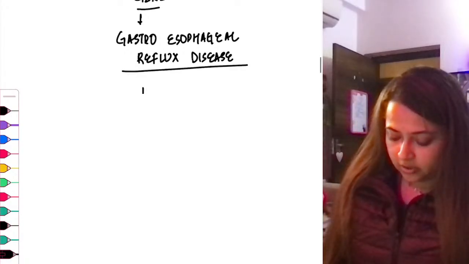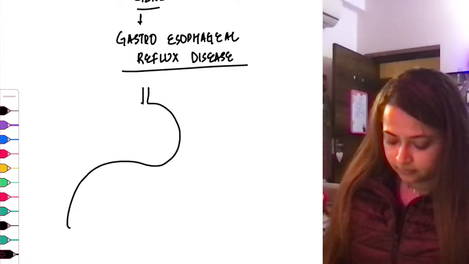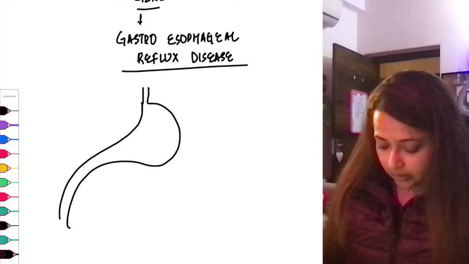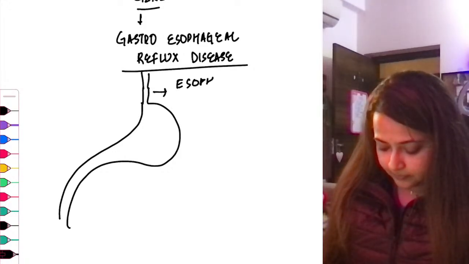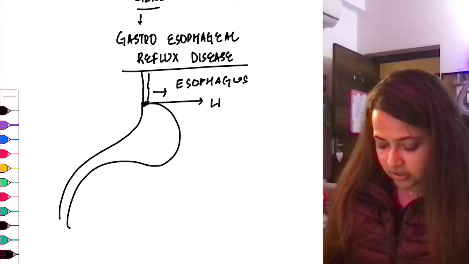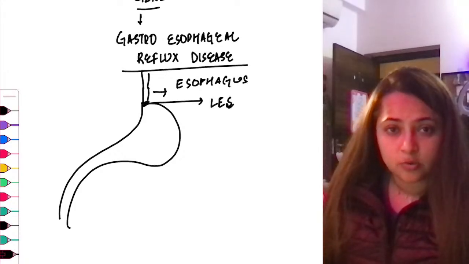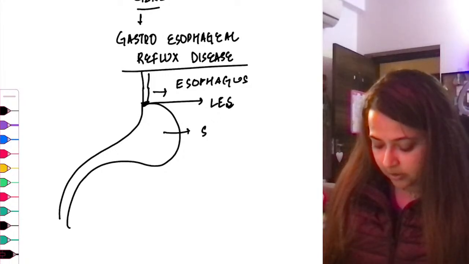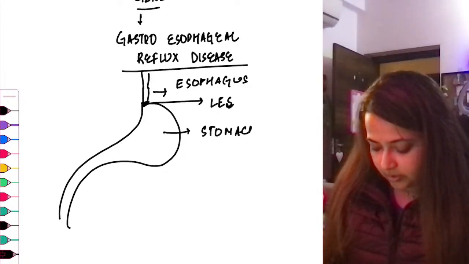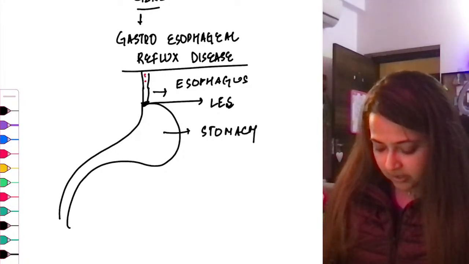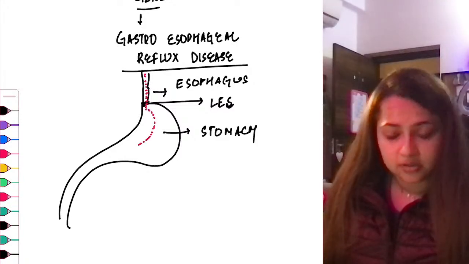Okay, so let us try to understand this quickly. This is the esophagus. And this part here is the lower esophageal sphincter. Okay, this is lower esophageal sphincter. And this is stomach. Now, guys, if someone is eating something, the food particles will move into the stomach via the esophagus.